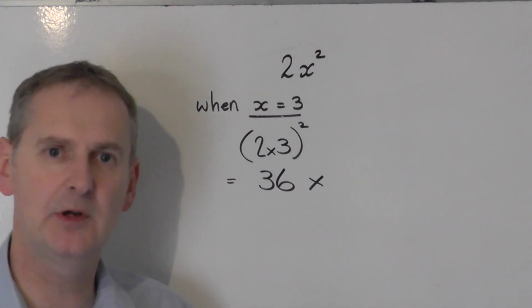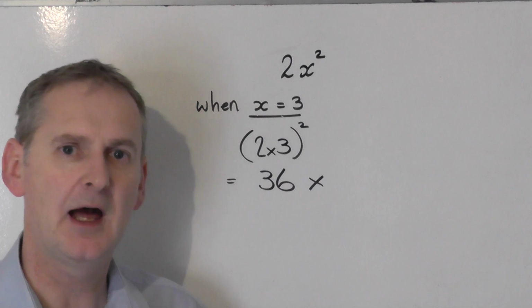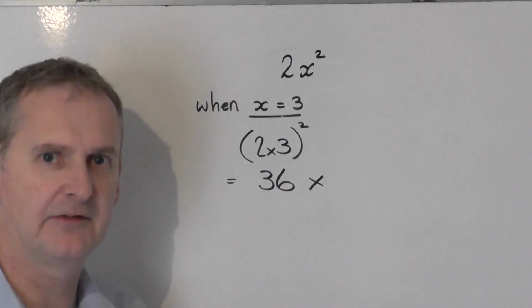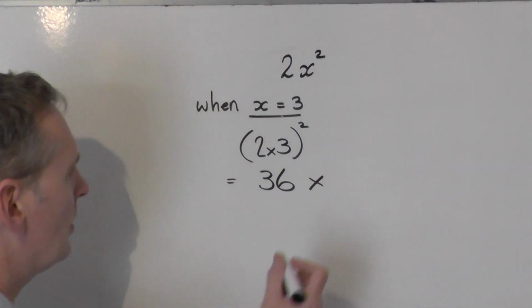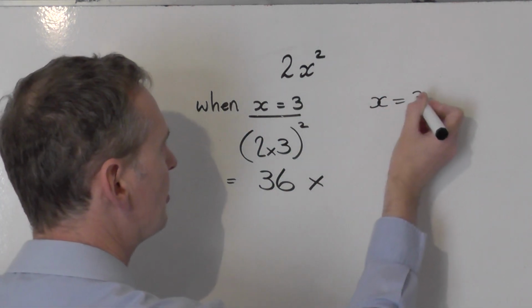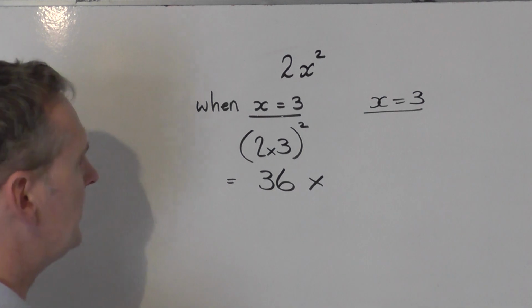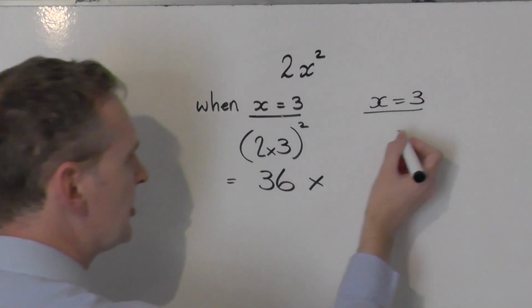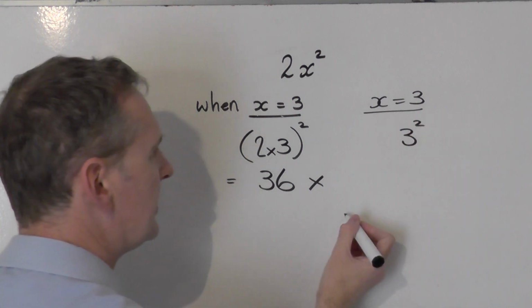Let me show you first of all what you should be doing, and then the difference between the two I'll clarify underneath. Okay, so this is what you should be doing. When x equals 3, what you need to be doing first is working out what x squared is. So you work out what 3 squared is.